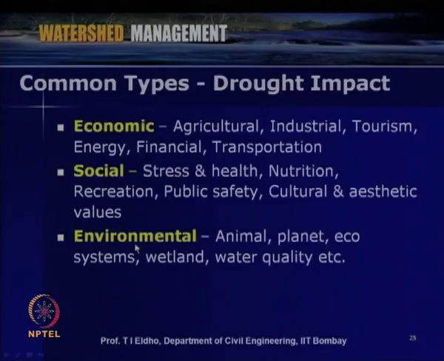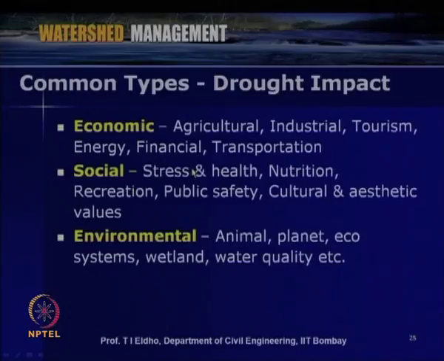When we look into the drought impacts, we have already discussed there are mainly three common types of impacts: the first one is economic impacts, the second one is social impacts, and the third one is environmental impacts. The economic impacts can be agricultural, industrial, tourism related, energy related, financial or transportation related. These are some of the important economic impacts.